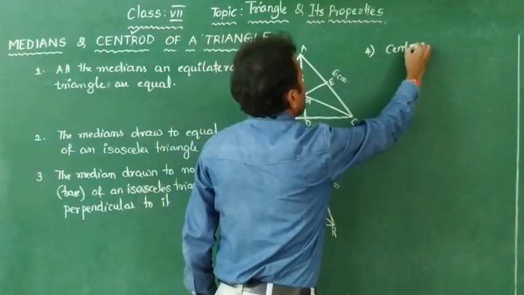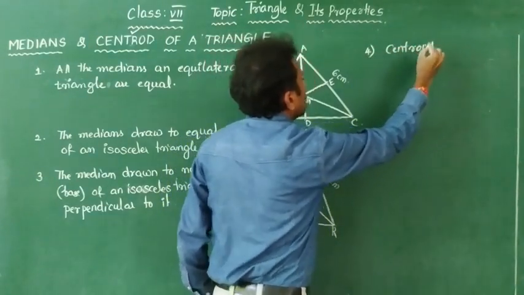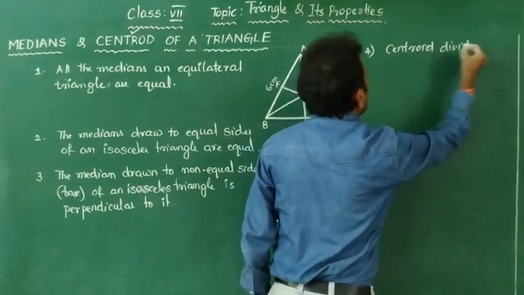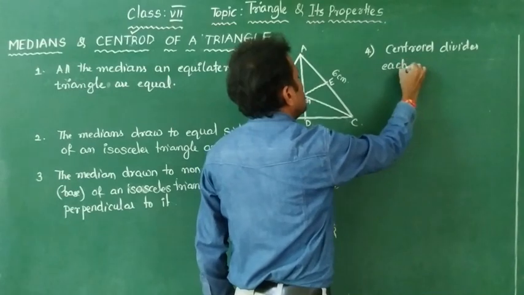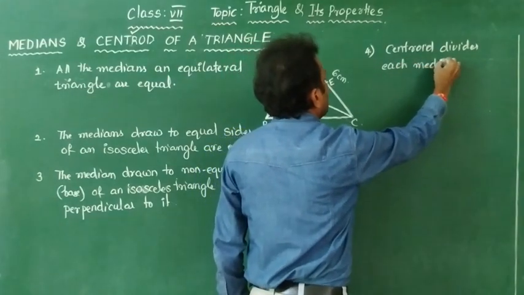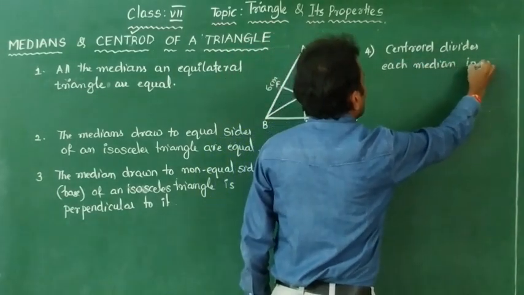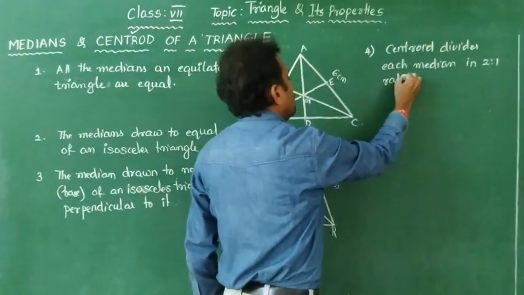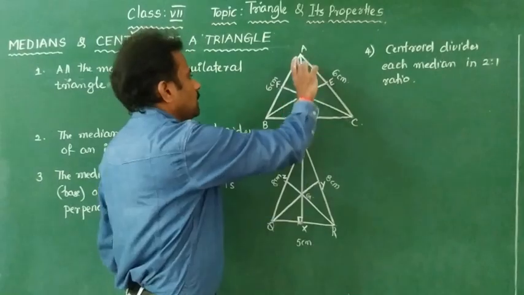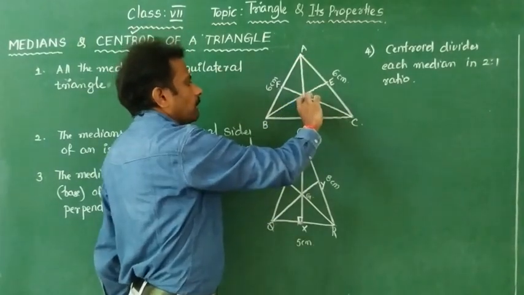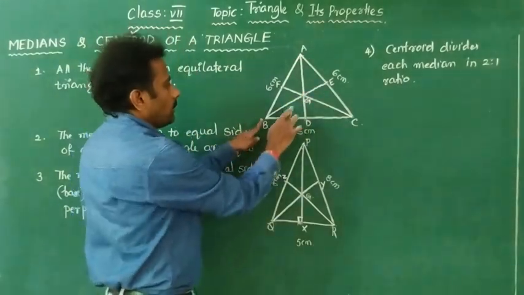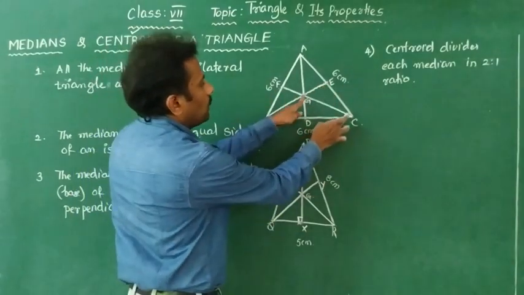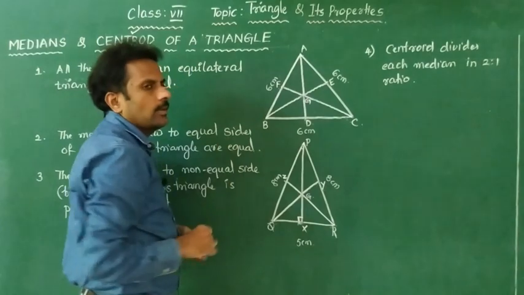Centroid divides each median in 2:1 ratio. That means you will have the larger part 2 units, smaller part 1 unit.